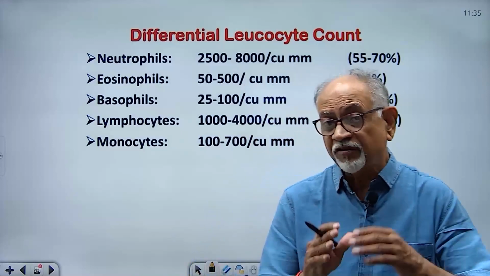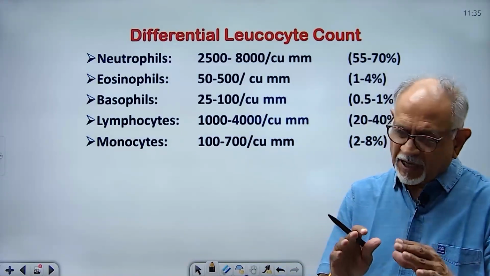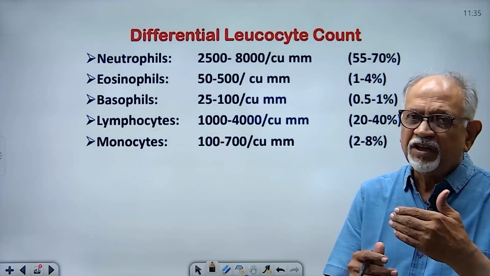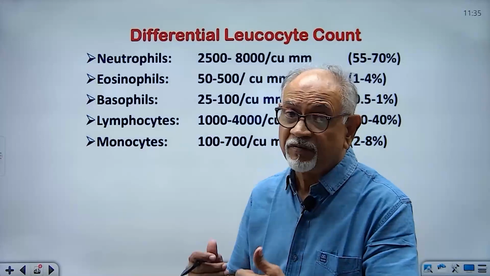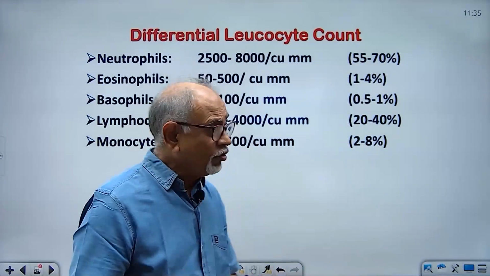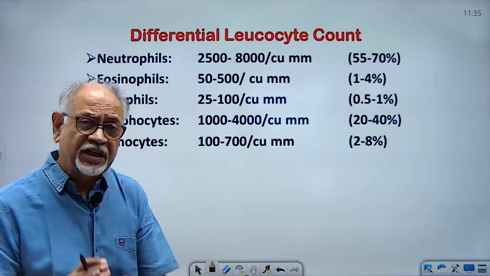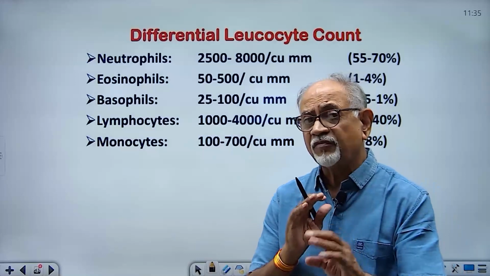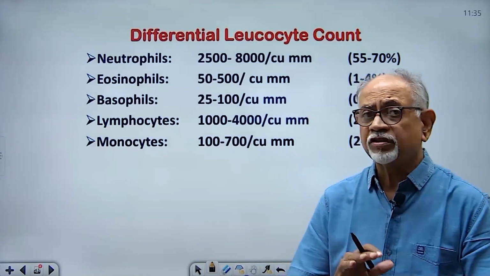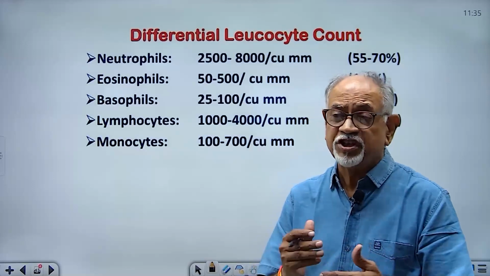But as we have seen, all these leukocytes have different functions in different situations, in different physiological conditions and in different pathological conditions. So their differential count definitely indicates the type of infection one is suffering from, so that the doctor can reach a conclusion for deciding the treatment.